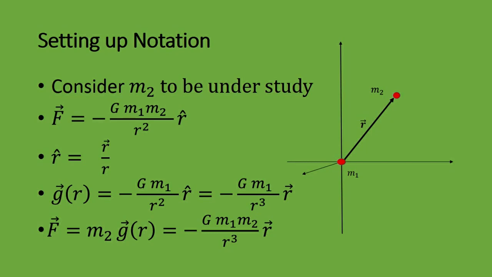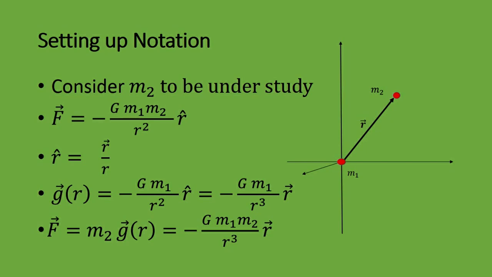Now, this is similar to the electric field produced by a charge. Now, if we substitute r unit vector by the earlier definition, r vector divided by r magnitude, we can rewrite the field strength G in this form.